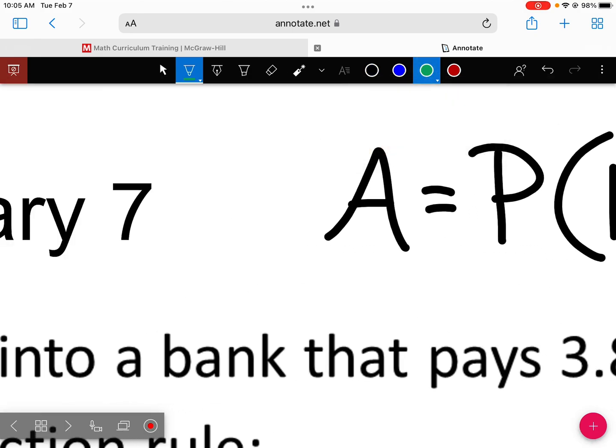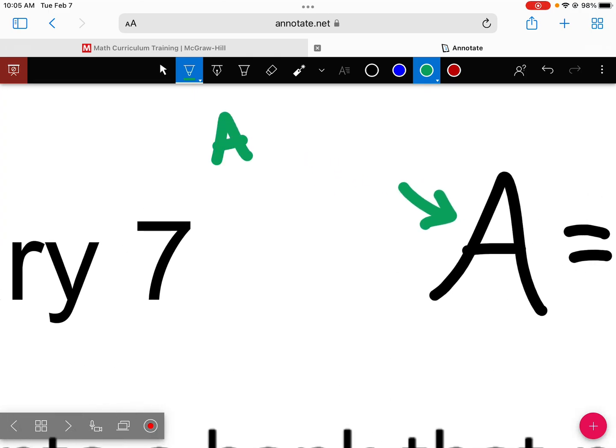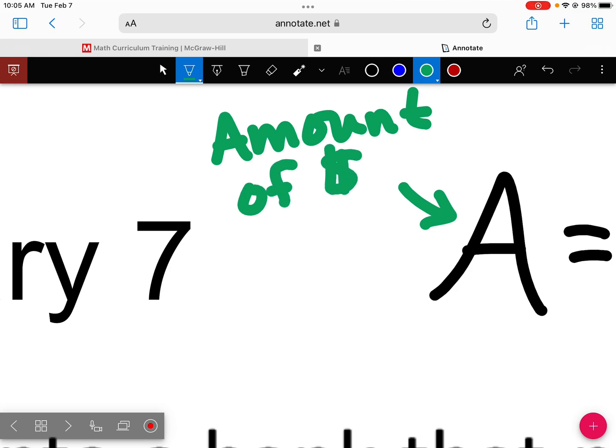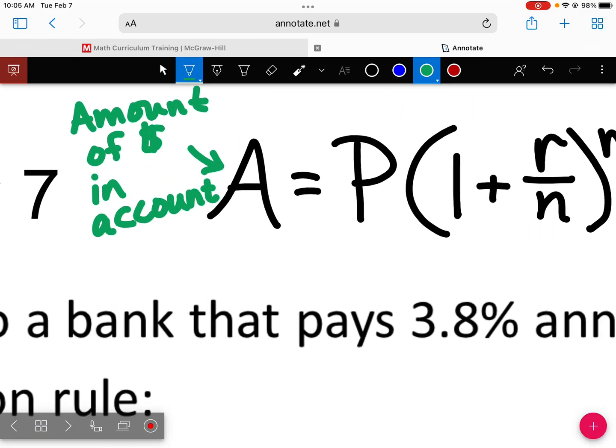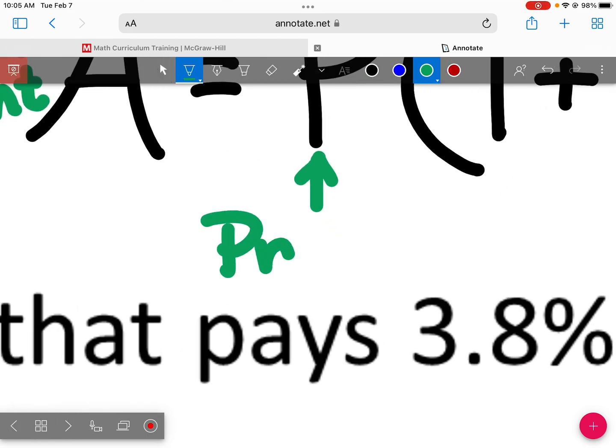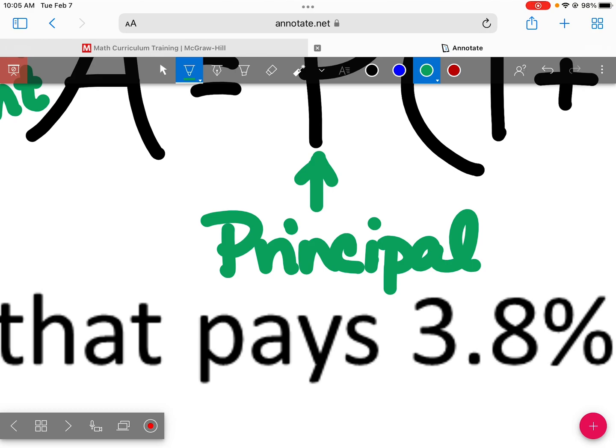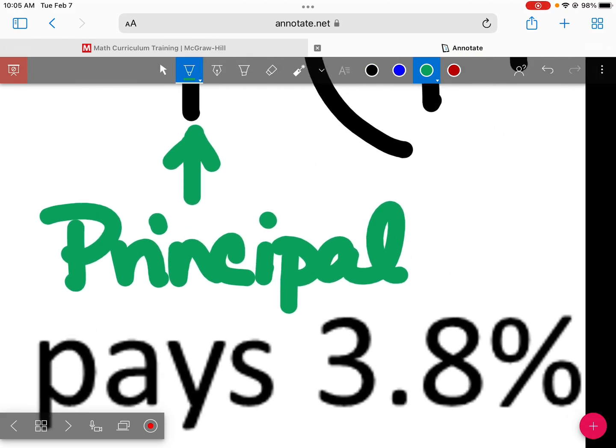This is going to be the amount of money in the account. What does this capital P mean? What did you say? Principal. Principal spelled with an A. What does principal mean if I break that down just into normal English? Starting amount.